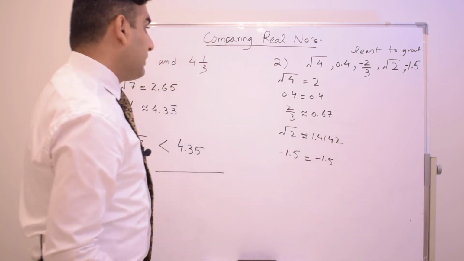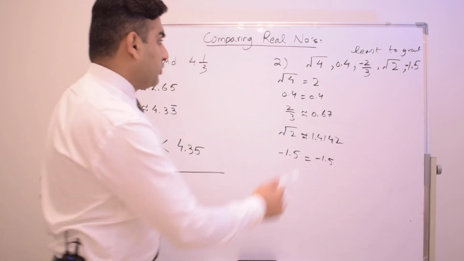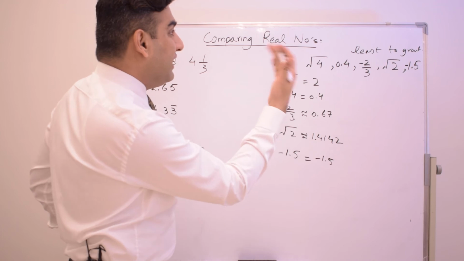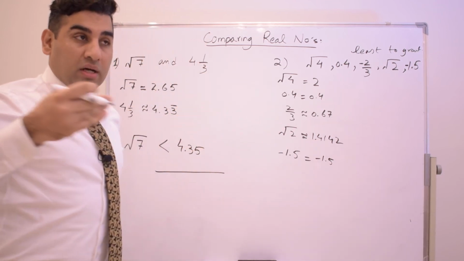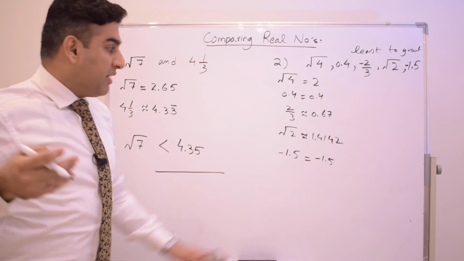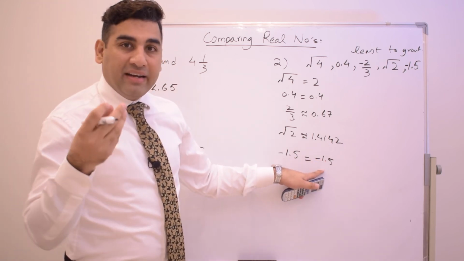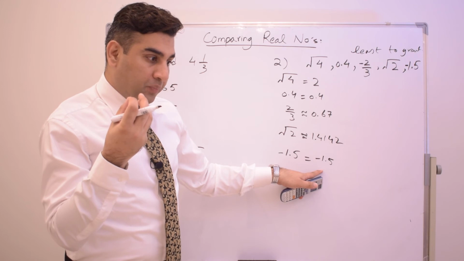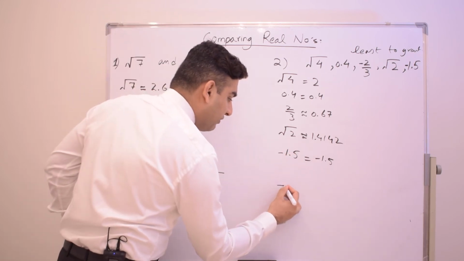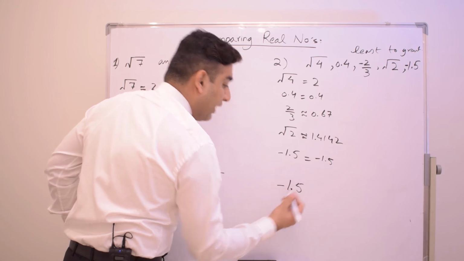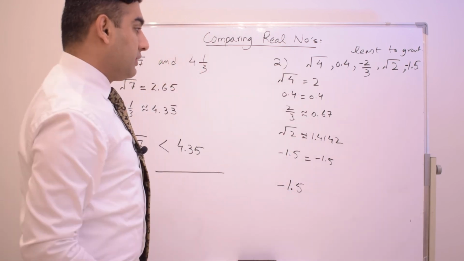Now you can see here 2 is the greatest one, so I have to go from least to greatest. Always remember, the bigger the value of a negative number, the lesser it is. So minus 1.5 is our least value among all these values.